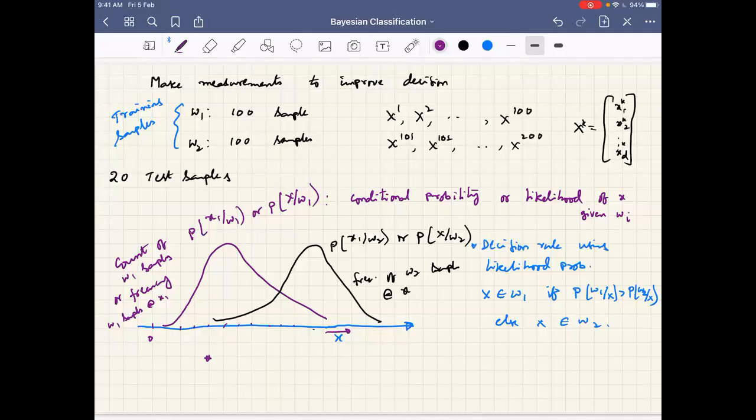Let us write it. See, in this case we will not be directly writing the probability of error, because what we are doing is measuring at a given X. Sorry, again I have written omega 2 given X.